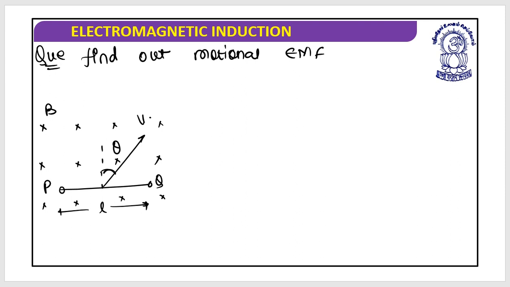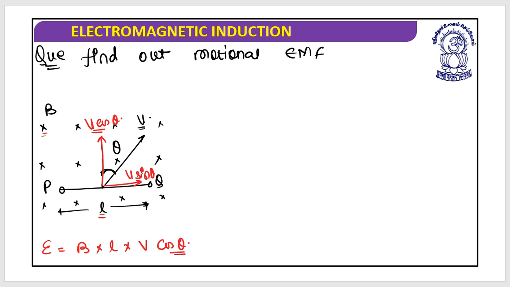This velocity v makes an angle theta with the vertical, so I need to find its components. One component is v cos theta, the other component is v sin theta. Now v cos theta, magnetic field B, and length element L are all perpendicular to each other. So the motional EMF can be written as B into L into v cos theta.